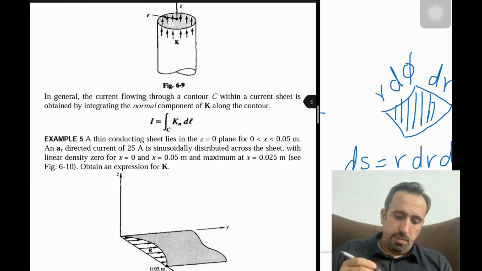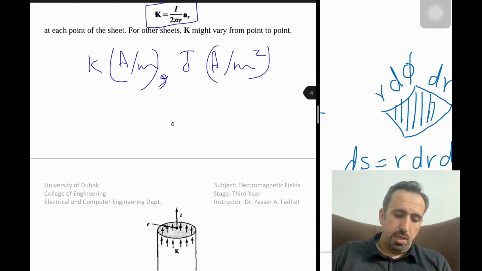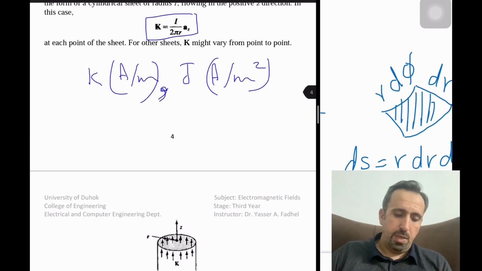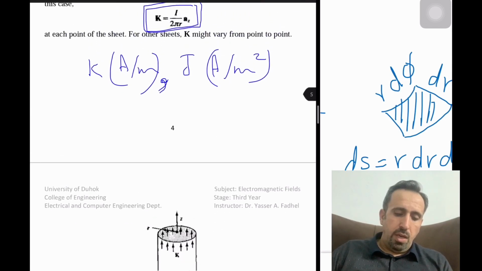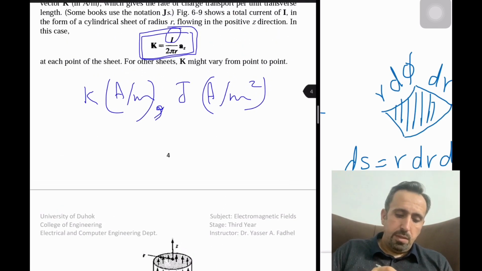As discussed previously in the starting of this section, K will be calculated by dividing current over a certain path. So if you want to get current back from the current sheet density, you have to think that current must be equal to K multiplied with differential length.